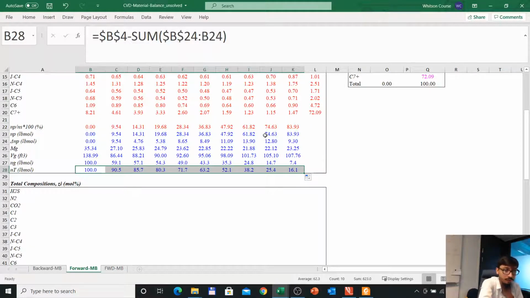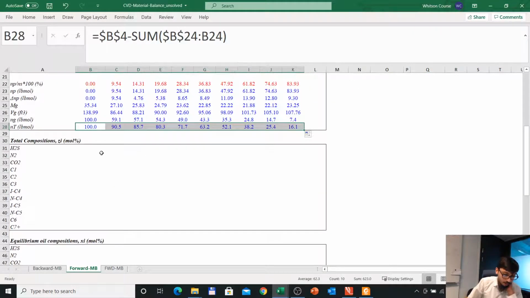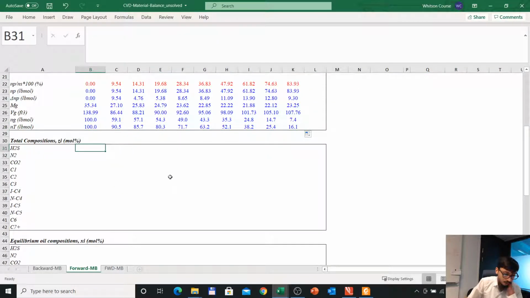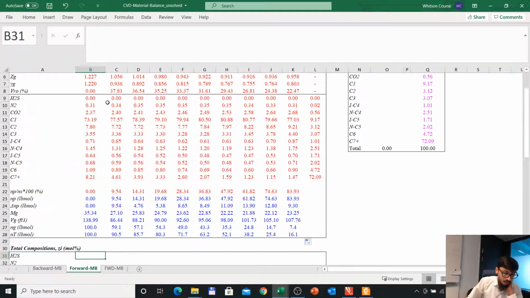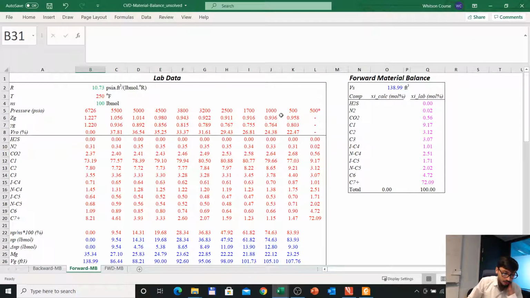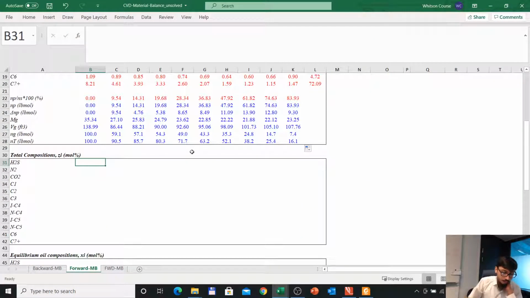Okay. So at least we have these numbers here, and now we need to fill out this table, which is for the total composition for each pressure stage, and here we have all the pressures. So for the first pressure stage, we know the total composition is the same as the reported composition. The composition starts to change from the next pressure.